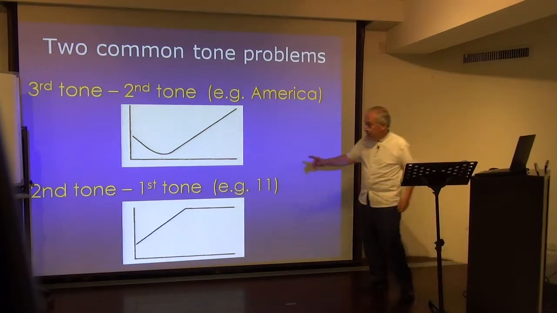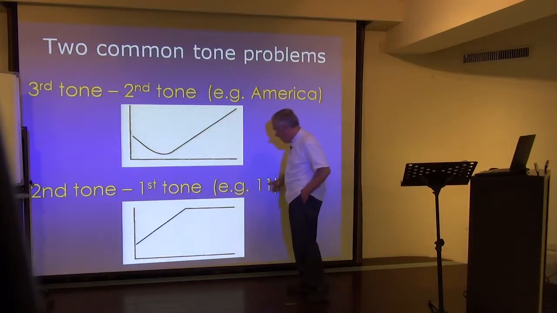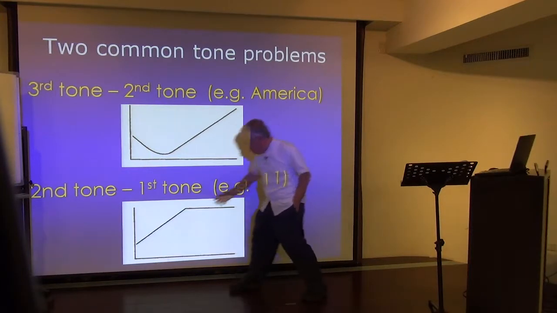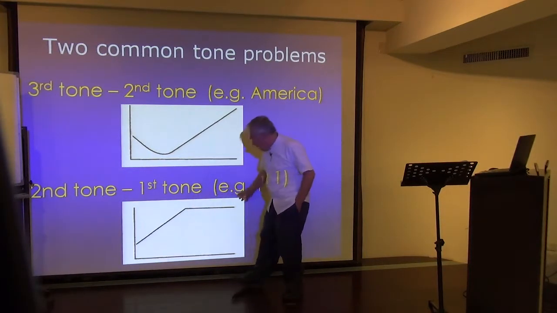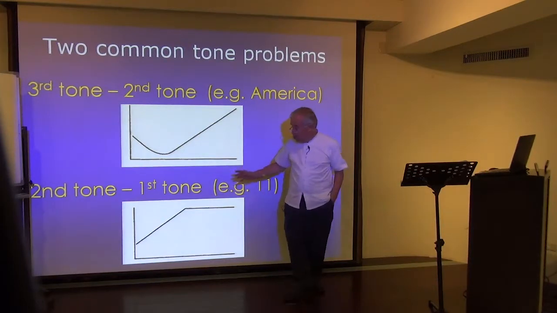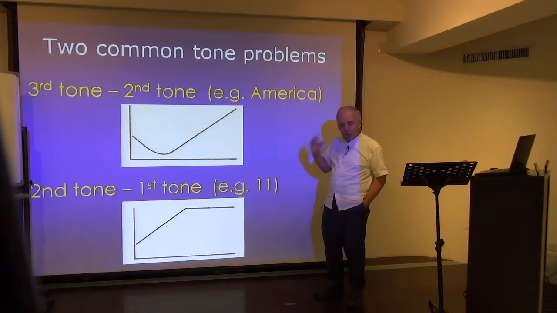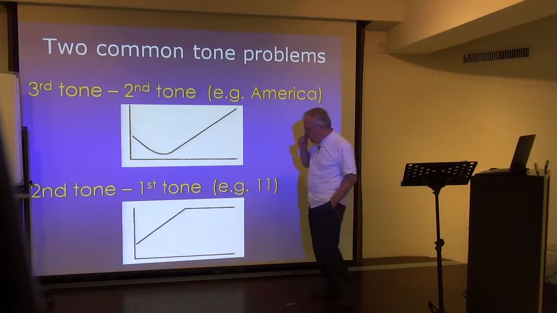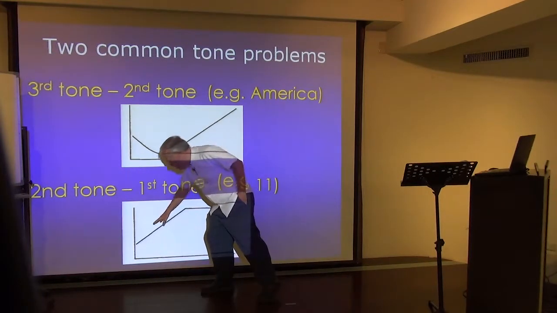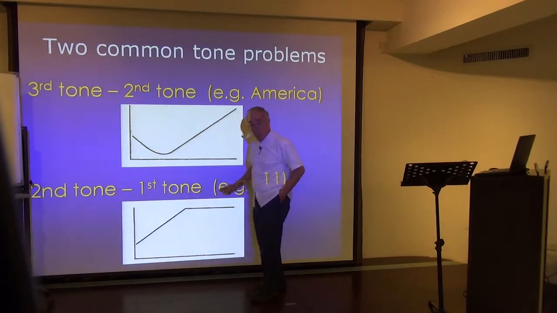The other one is second tone followed by first tone, like in the word 11. Many students make the second tone too short. They go 11, 17. And so we need to tell our students that the second tone needs to be fairly long.